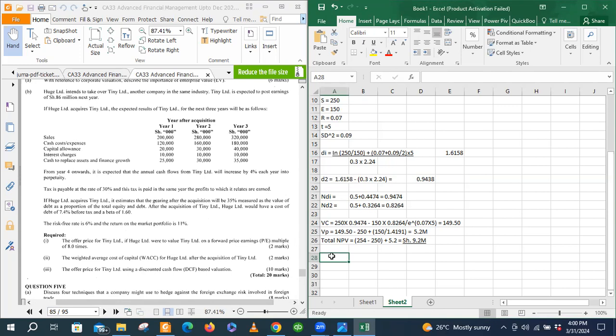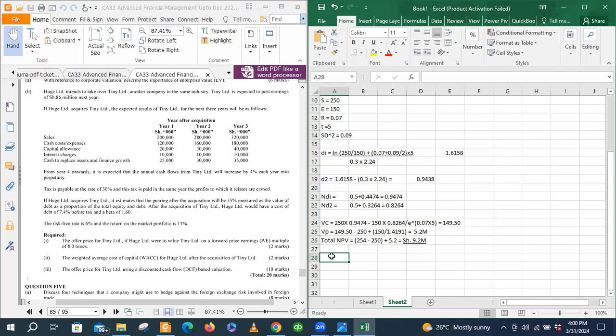Question 4. Huge Limited intends to take over Tiny Limited, another company in the same industry. So Huge is the predator, Tiny is the target, right? Yes. Then you're told that Tiny Limited is expected to post earnings of 86 million next year. That is our expected earnings from the target firm. If Huge Limited acquires Tiny Limited, the expected results of Tiny Limited for the next 3 years will be as follows.